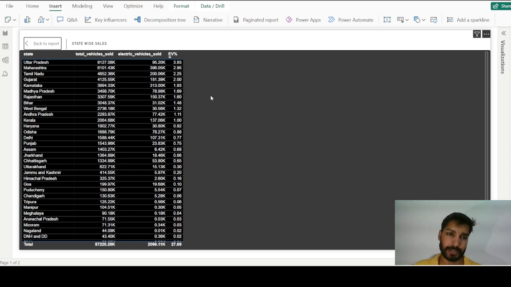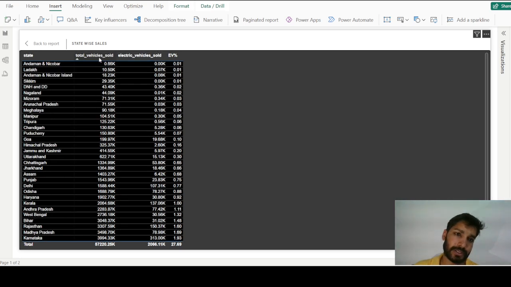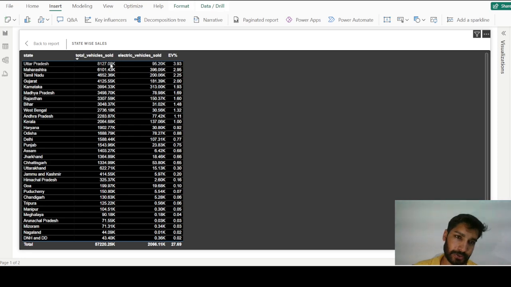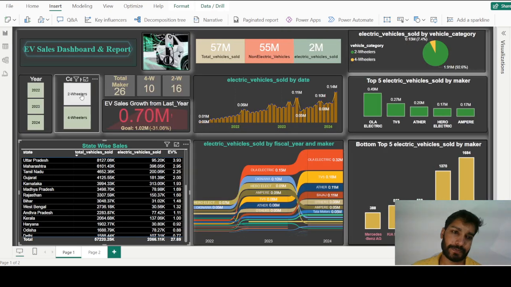Here we can easily analyze in which state we are doing total sales great. In Uttar Pradesh we are doing 817k, and out of this quantity of sales, electric vehicles sold are 95k, which is 3.93, approximately 4%, and 4% is the highest number of electric vehicle sales out of total vehicle sales state-wise.